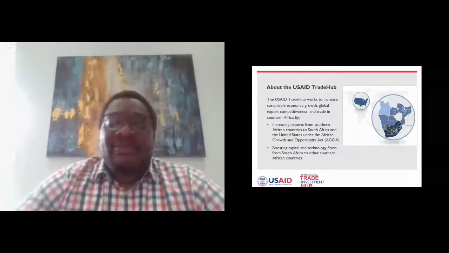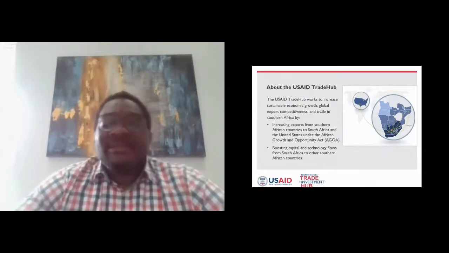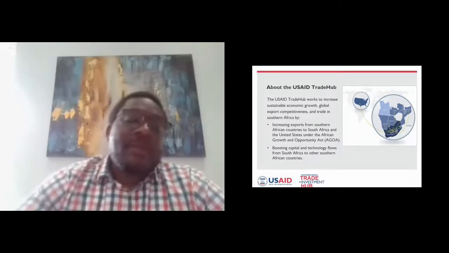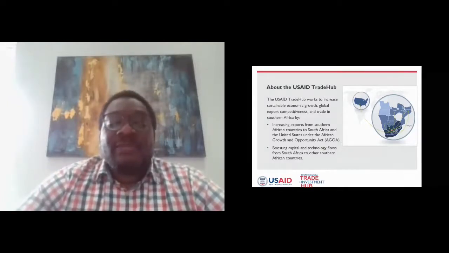For all the 8 countries, we look at the products that are part of the 6,400 products that I mentioned, so that we can assist companies with products that can be exported to the US under that program. That is the reason why we are here today, to learn more about how that can be done, so that we can take advantage of the opportunities provided under that unilateral trade preference program.